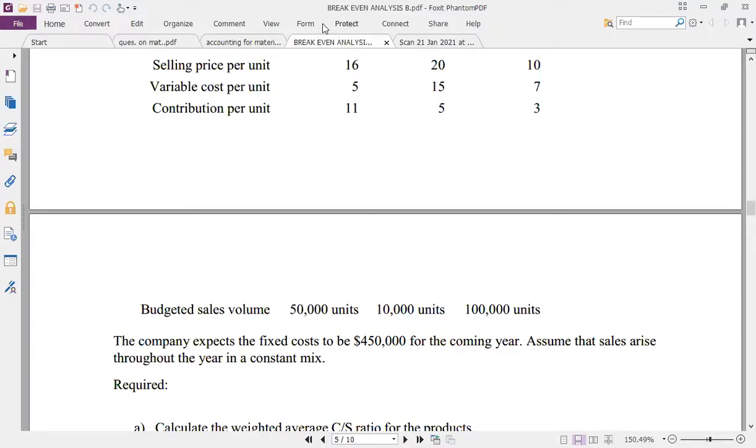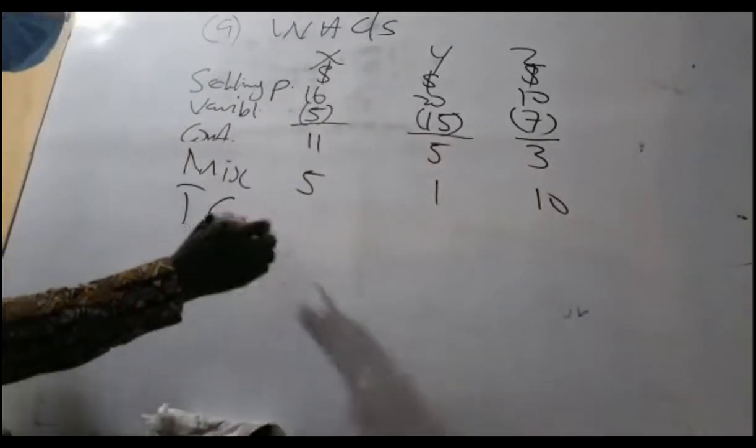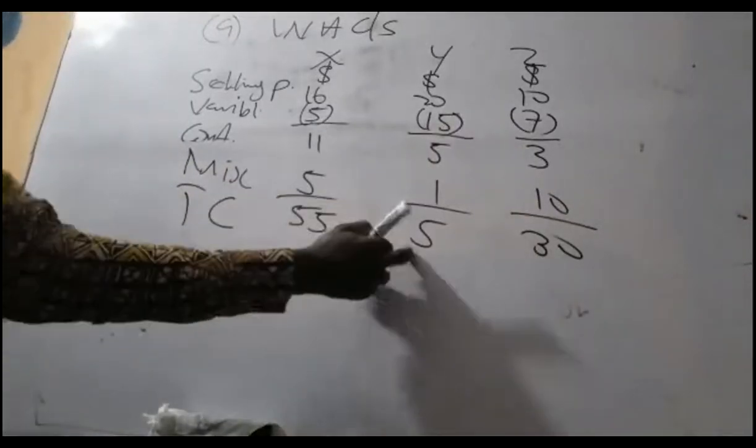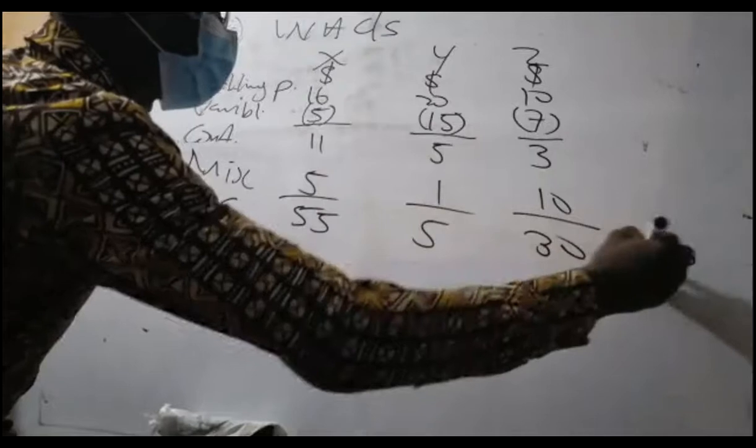What is the total contribution? It will be 11 by 5, 55; 5 by 1, 5; and 3 by 10, 30. Let's get their total: 55 plus 5 is 60, and 60 plus 30 gives us 90 overall total.